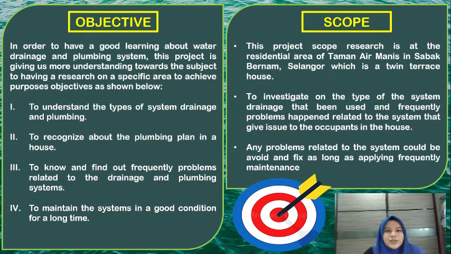And our research scope is the residential area of Taman Air Manis in Sabak Bernam, which is a twin terrace house, to investigate the type of drainage system that has been used and the problems that frequently happen to the occupants in the house. Any problem related to the system could be avoided and fixed as long as frequent maintenance is applied.